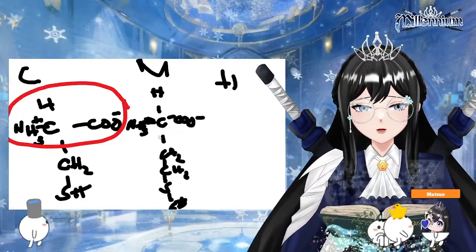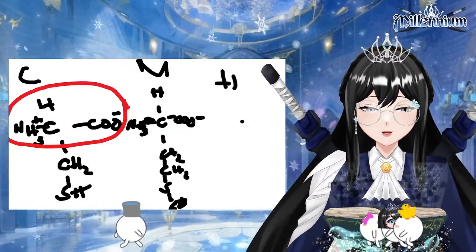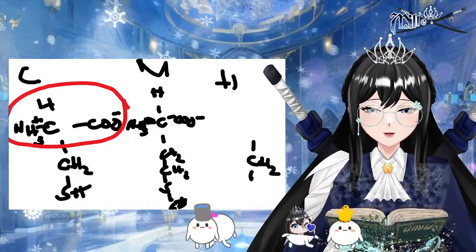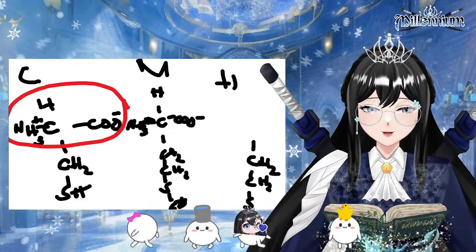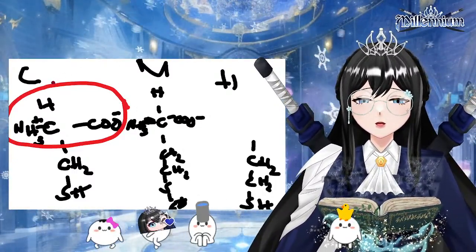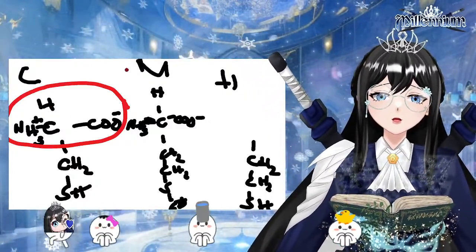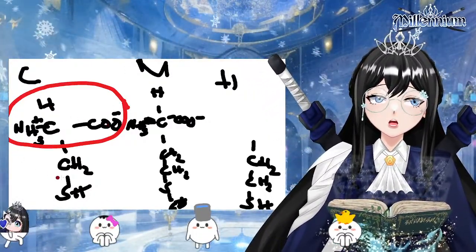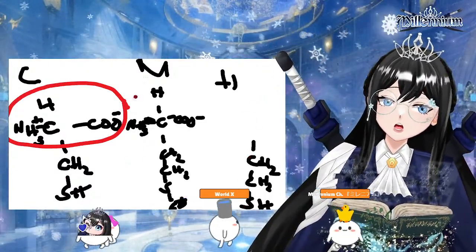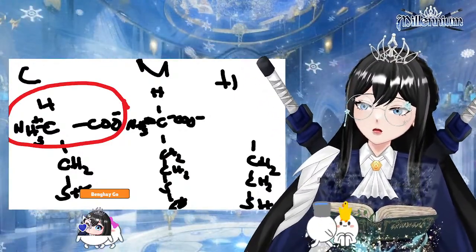And then homocysteine kinda looks like cysteine, but at the bottom it's CH2, CH2, SH. So see, if you think about it, cysteine is the top part, normal CH, minus, and NH3, but at the bottom is CH2 and SH. Homocysteine is CH2, CH2, SH, and methionine is CH2, CH2, S, and CH3.